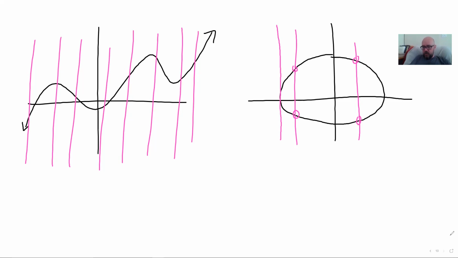Last thing I want to do. Let's say I have this graph. And let's say that this point is (0, 4).